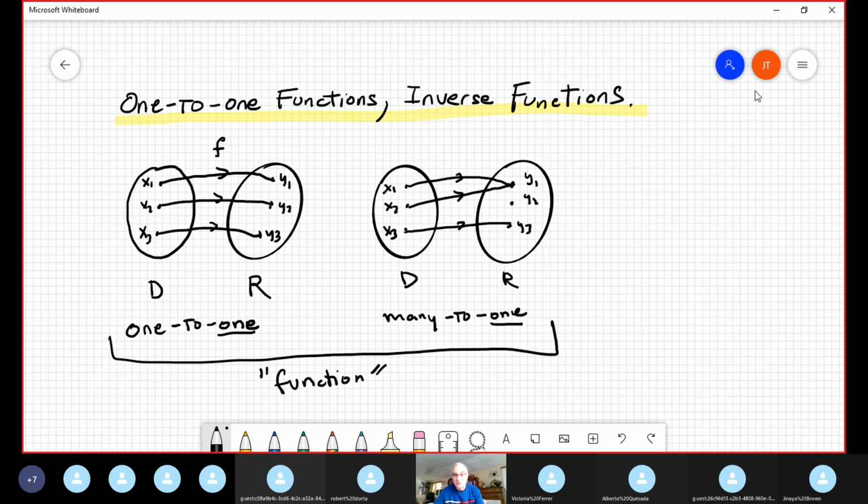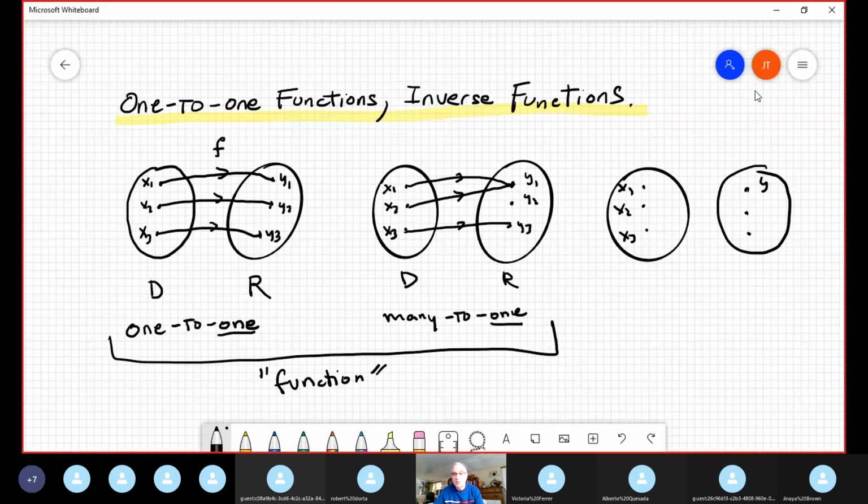The only case that gets no function is when you have that situation. x1, x2, x3, y1, y2, y3. And you, for example, associate x1 with 2 values of the range. This is domain, range again.